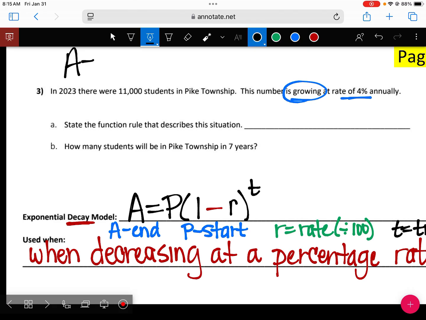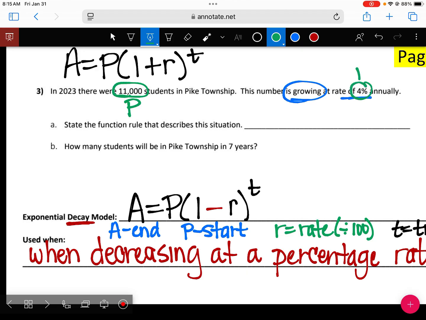So in yesterday's video, I talked about exponential growth, which is 1 plus R. So 11,000, this would be my starting amount. The rate is 4%. And whenever you're writing a formula, before everybody starts copying down the exponential decay, I need everybody's attention here, and you'll have time to write this down.